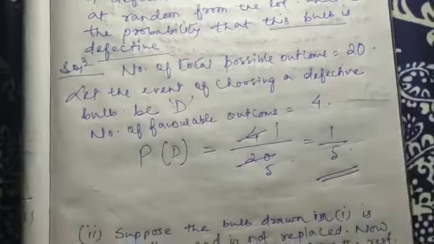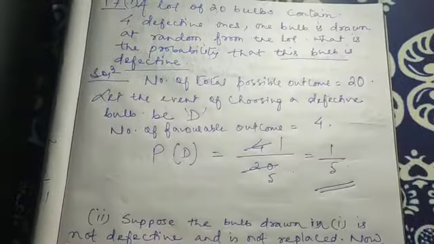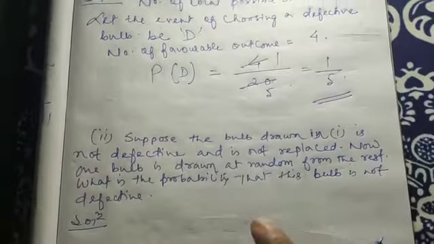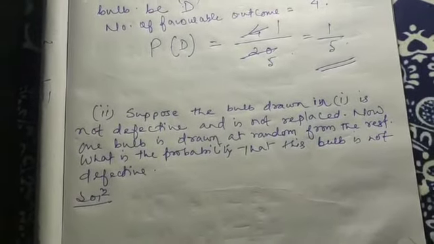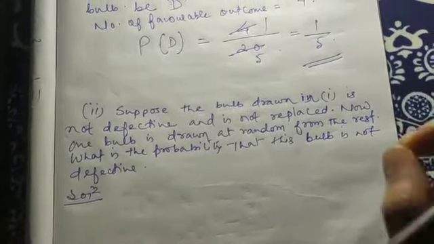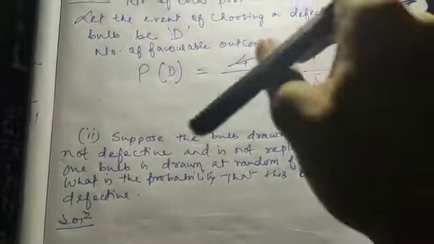Clear? Let's do number 2 of the same question. Suppose the bulb drawn in number 1 is not defective, and is not replaced also. I have taken out one bulb among those 20.